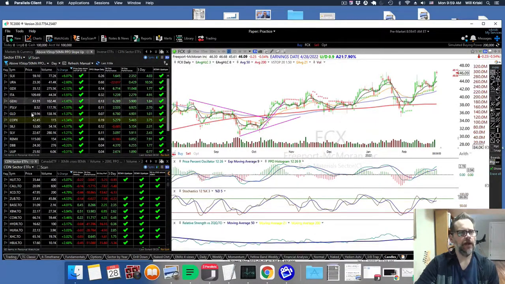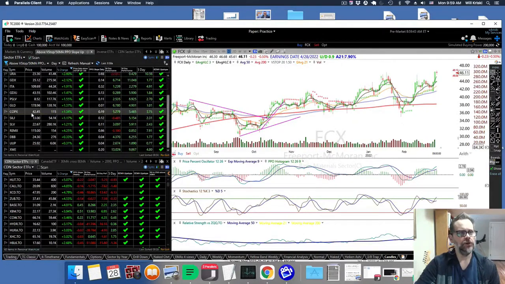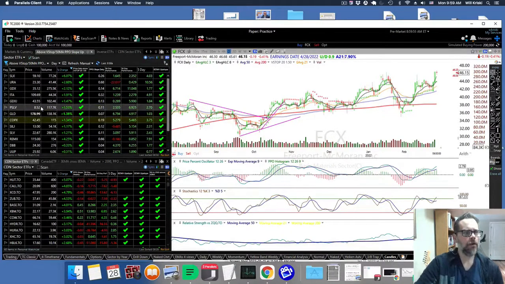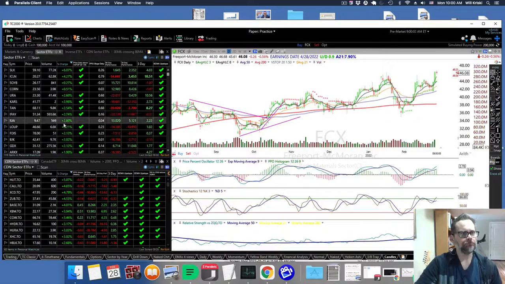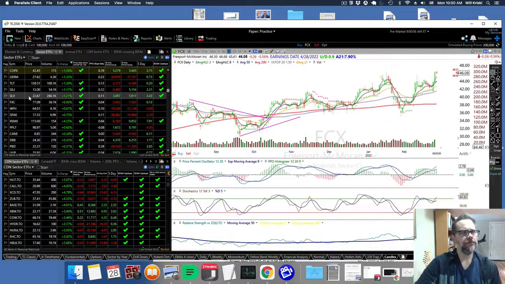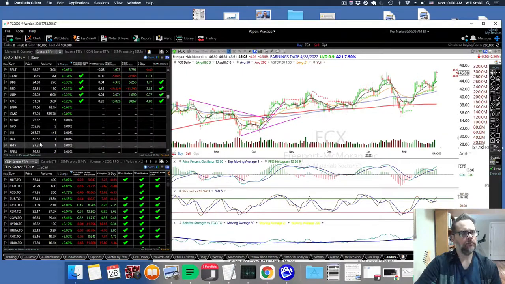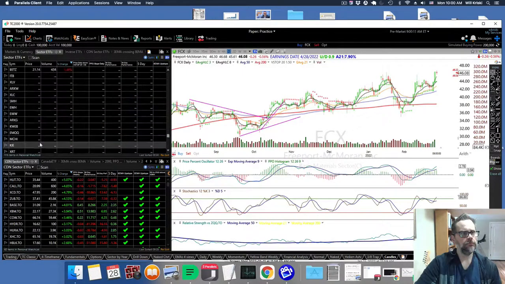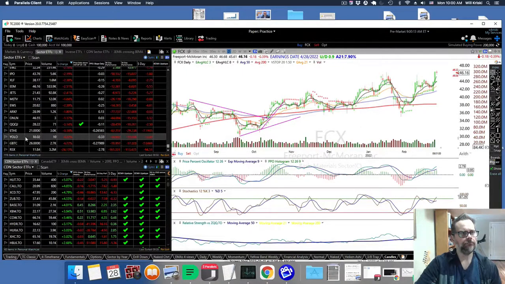So this scan filters out a lot of the junk in terms of finding things that follow the particular pattern I'm looking for. So it's all commodities right now, pretty much. But if you uncheck that and you want to look at other things, I'll just go down to the bottom.